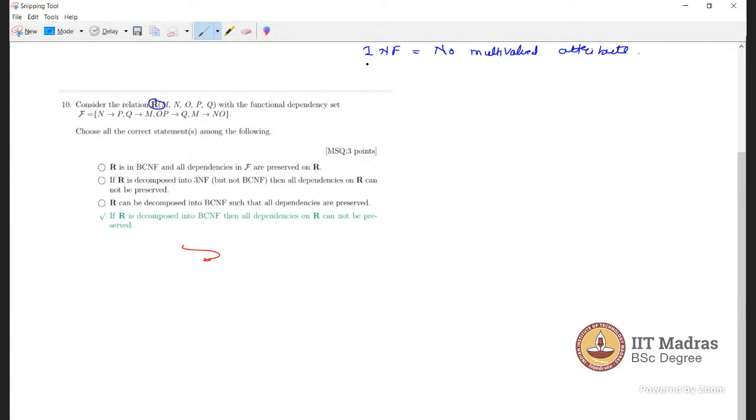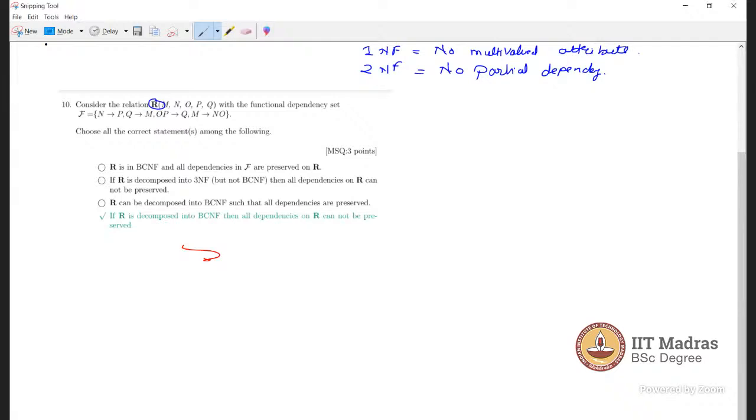Now what is the condition for 2NF? There should be no partial dependency. How can we say that there is a partial dependency in the functional dependencies?